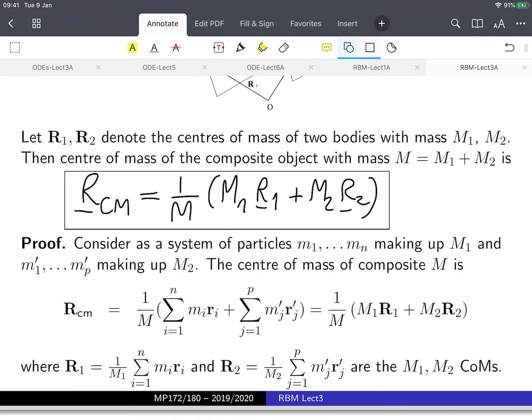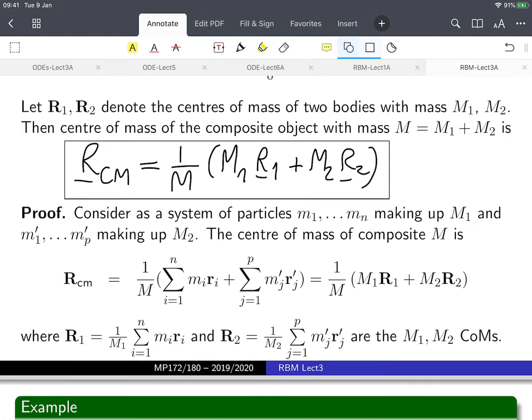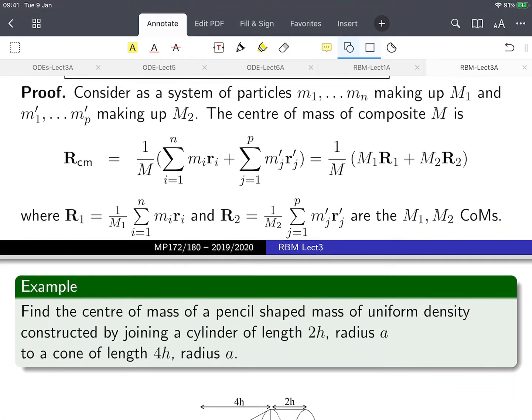Makes sense. You're just adding all the masses of all the particles, and instead of doing the entire sum, you just divide it into 2 parts, and each part will give you the center of mass of each part. So, makes sense. So let's try to do that for this example.